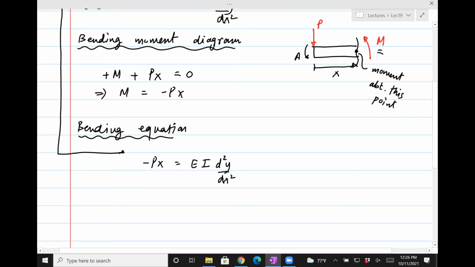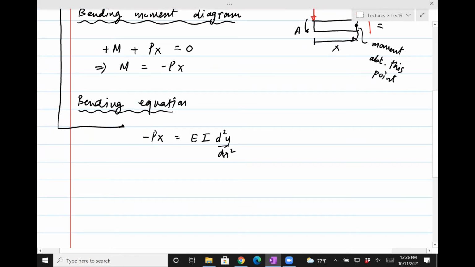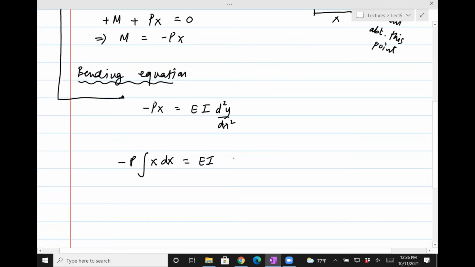So I'm just left with integrating this equation 2 times. Okay, so the integral of minus Px dx equals EI. Now, the way I'll write this is d dx of dy by dx, right? So the derivative of dy by dx with respect to x is d square y by dx square. And then I just do dx.